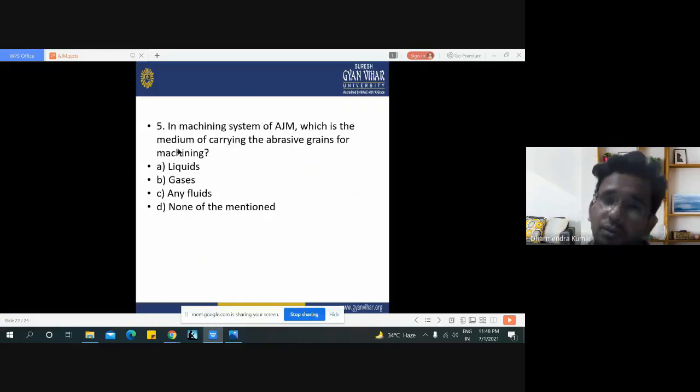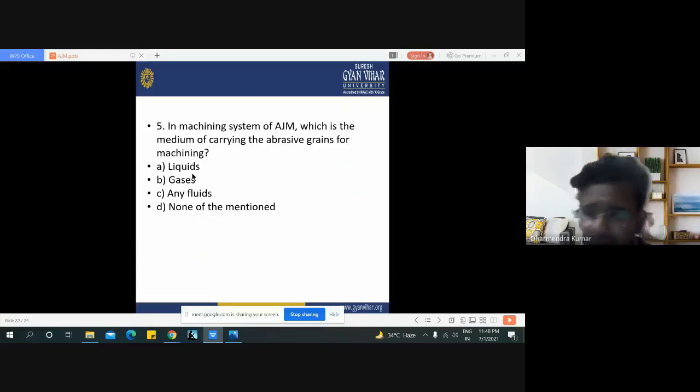Now in the fifth multiple choice question, in the machining system of AJM or abrasive jet machining, which is the medium of carrying the abrasive grain for the machining? We have already seen that in abrasive jet machining we can only use gas, instead of liquid or any fluid. So gas is our answer, or option B is our answer.